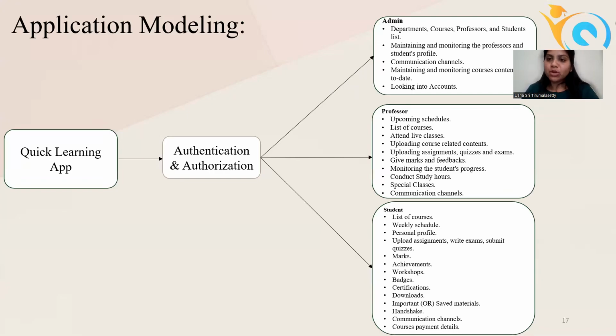He can also maintain and monitor the professors' and students' profiles. There will be communication channels to send messages from the organization. If there are any events, they can send messages to convey to the students and professors that there is an event from the organization.